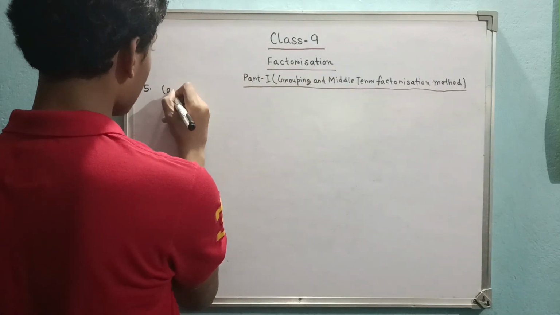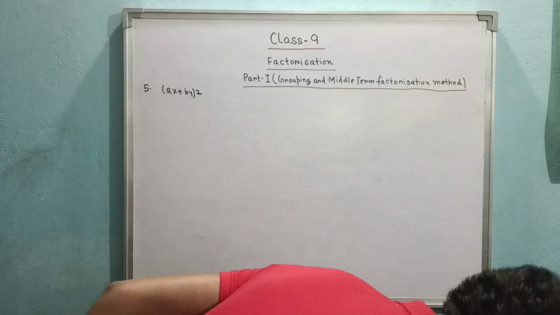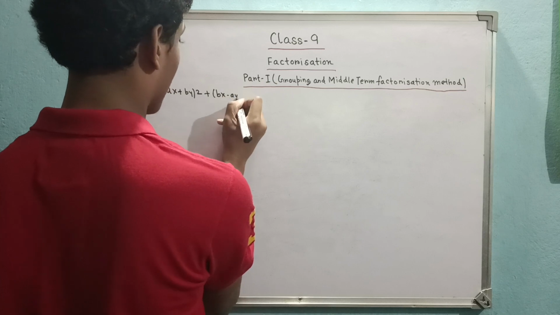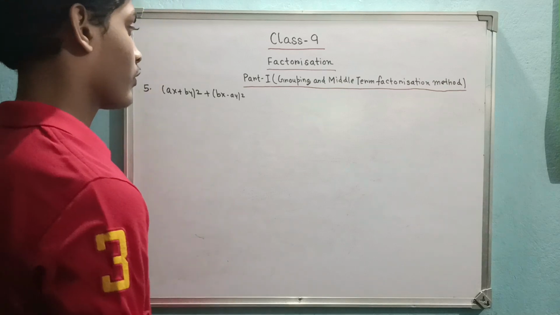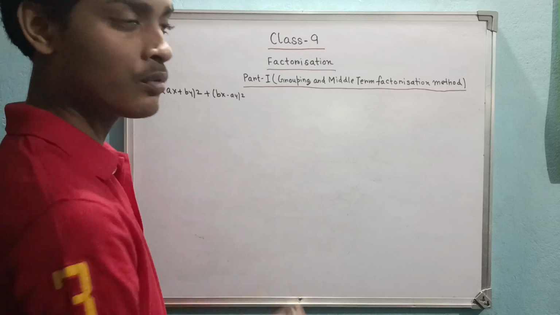Okay, now it's a little different. Ax plus by whole square plus bx minus ay whole square. So what can we do here is, first, let us do the a square plus b square plus 2ab.